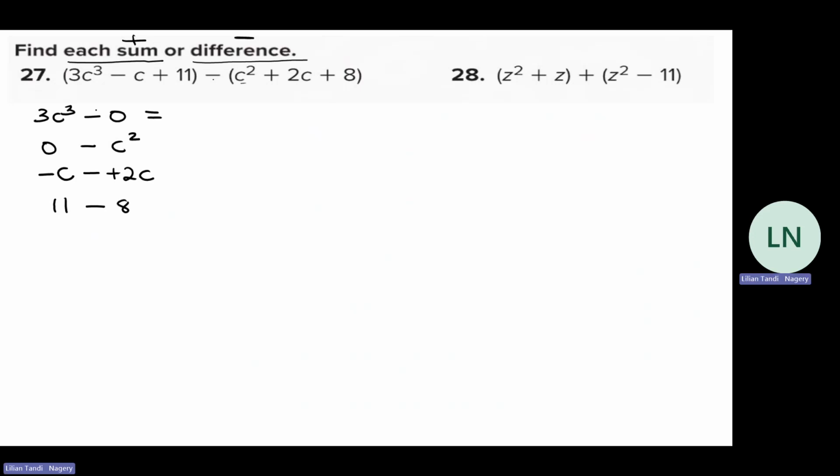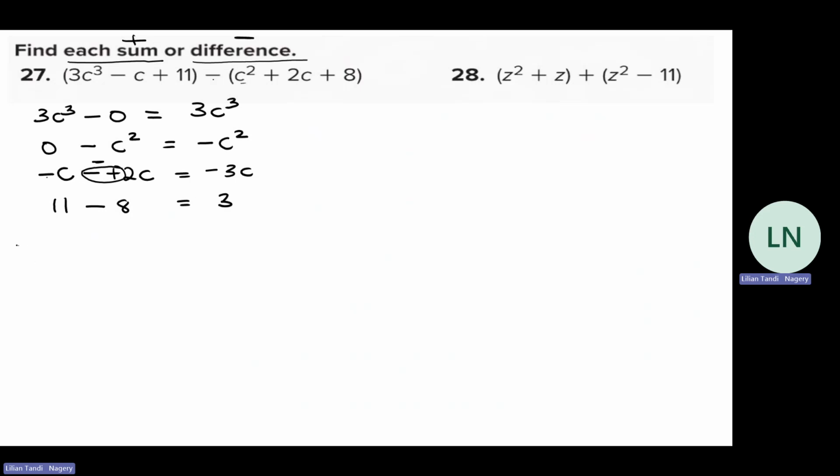Then we subtract. What do I get? 3c cubed. I get negative c squared. I get, what is negative 1? This becomes negative. So negative 3c. Negative 1 minus 2 is negative 3c. 11 minus 8 should be 3. 8, 9, 10, 11. Yes, should be 3.